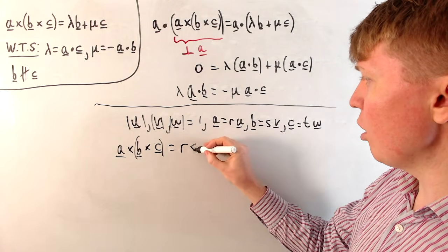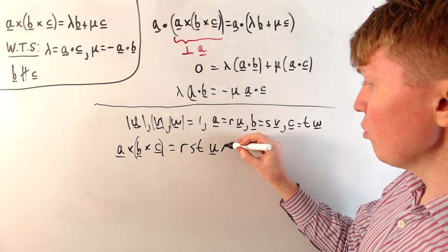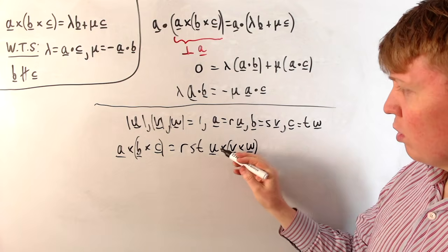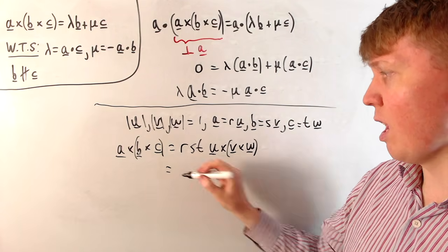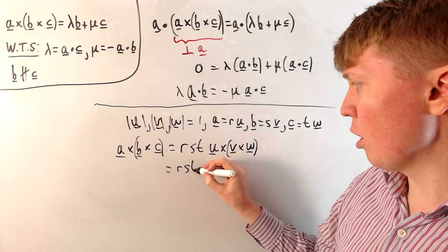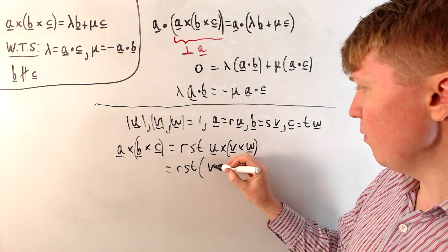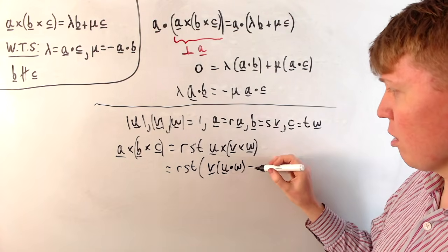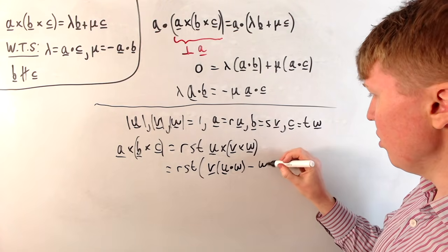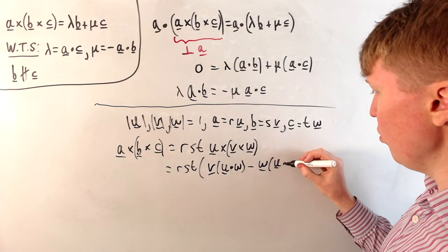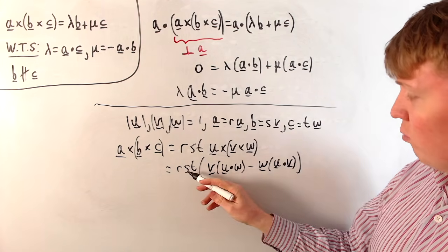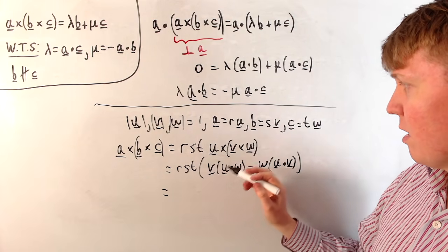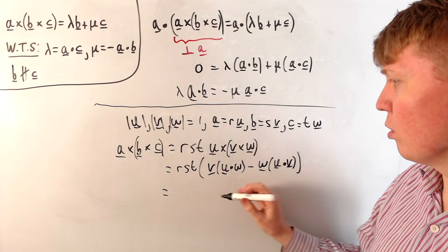So we've got RST times the triple product U cross V cross W. And then we know that U cross V cross W, just by assumption here, is going to be, so let's keep the RST, V times U dot W, just assuming that the result works for unit vectors, take away W times U dot V. But then we can reintroduce the R, S and T here, so we can group up the V with S's, the U with R's, and the W's with T's.